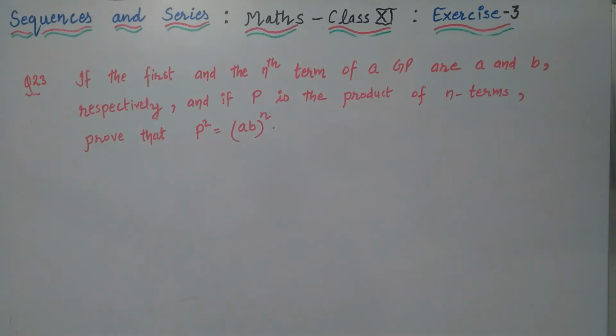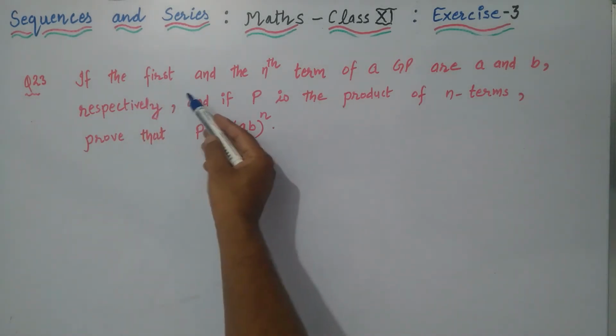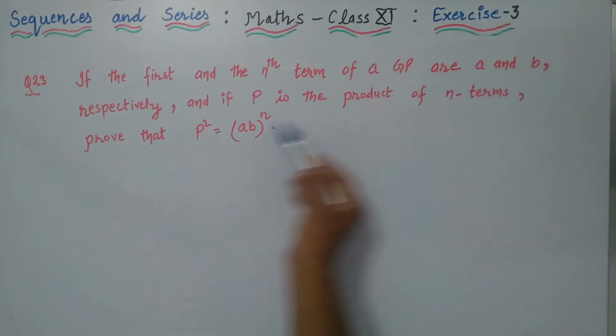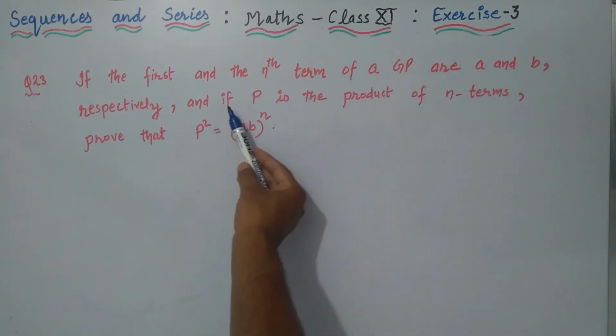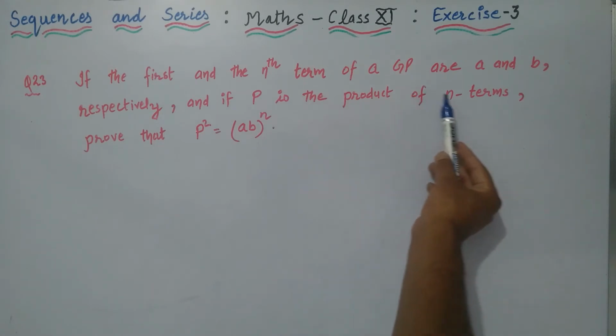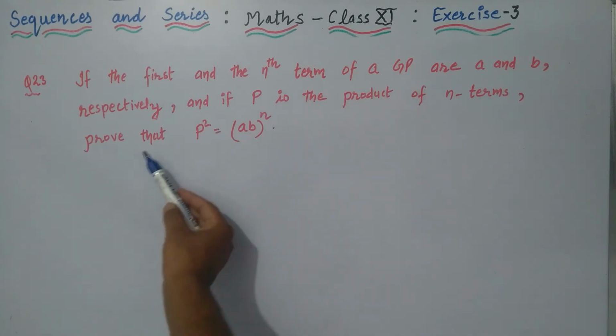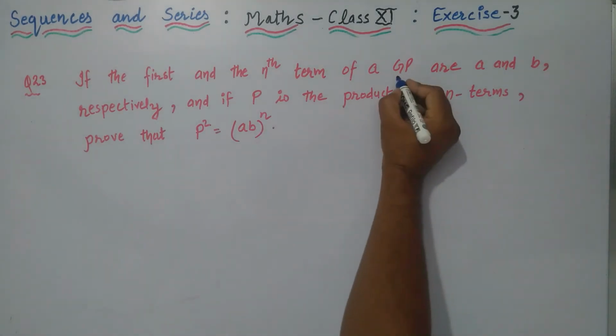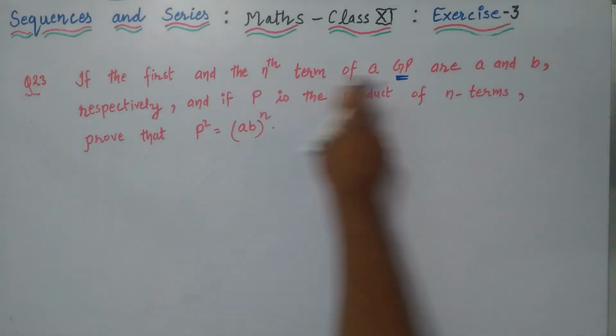Question number 23. If the first and the nth term of a GP are A and B respectively, and if P is the product of n terms, prove that P square is equal to (AB) whole raised to power n. So first of all, the GP.